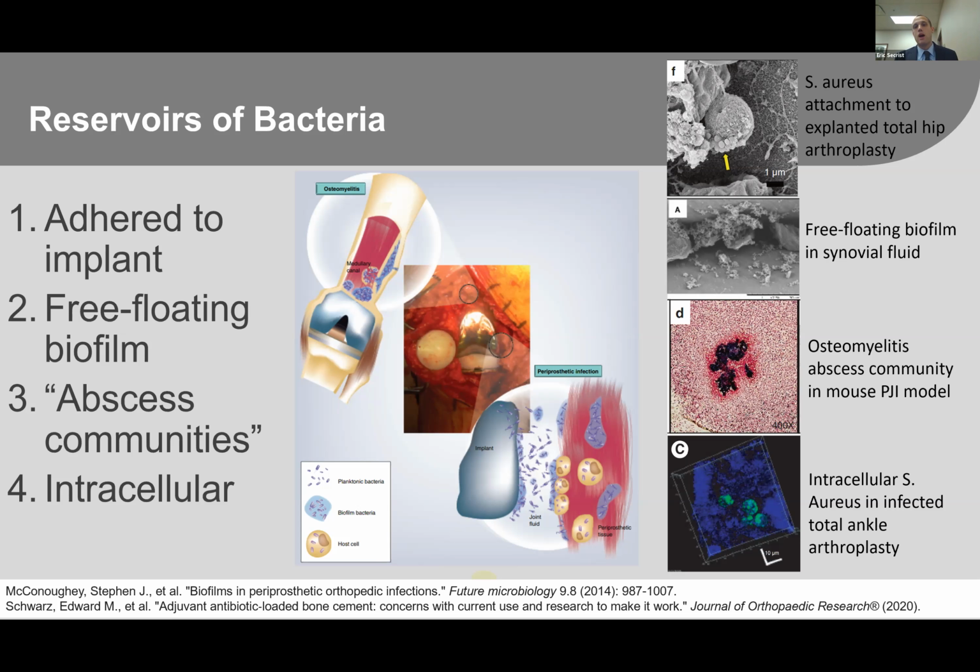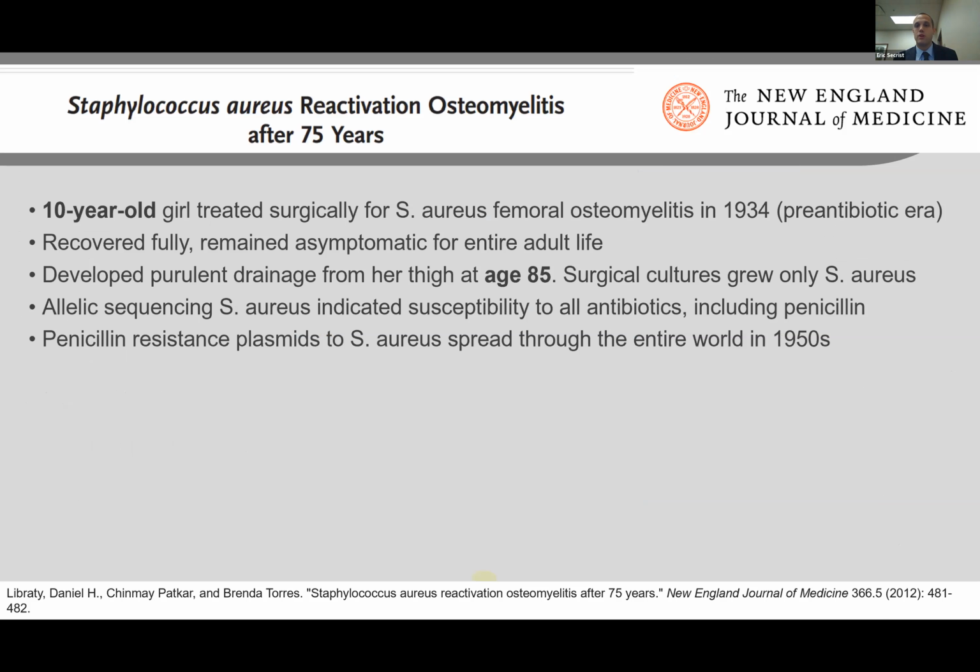And the power of these reservoirs of bacteria to lead to future infections is really powerfully demonstrated by a case study that was published in the New England Journal of Medicine, where a 10-year-old girl was treated with what was called scalloping, essentially debridement, of femoral osteomyelitis in 1934, so pre-penicillin, and was successfully treated, lived her entire life without any issues, and then developed an abscess at age 85.